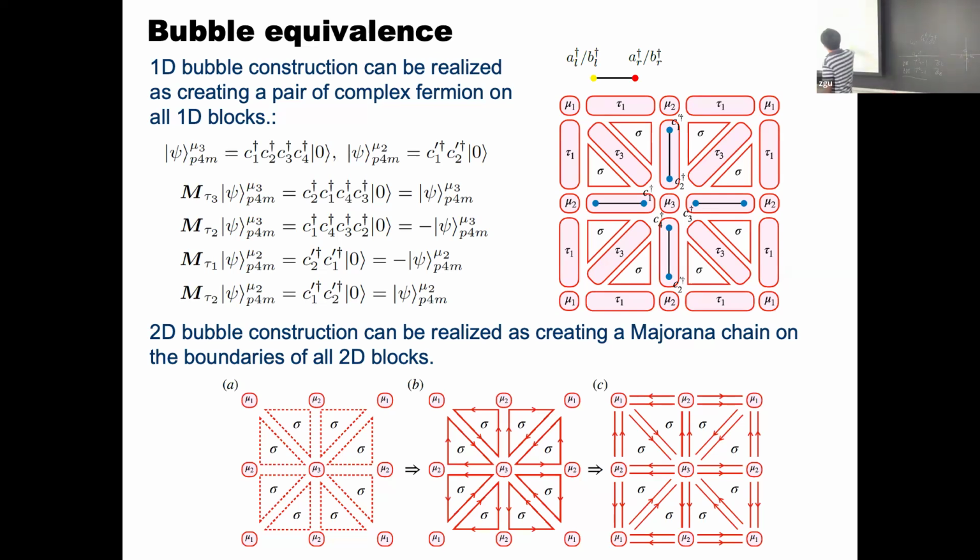Of course, we have three independent bonds or 1D blocks where we can create these pairs. Basically, you can discuss all the trivialization possibilities. There's also the independent one, just Z2Q.